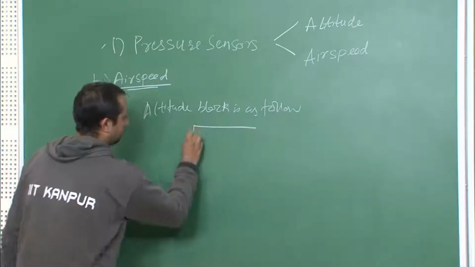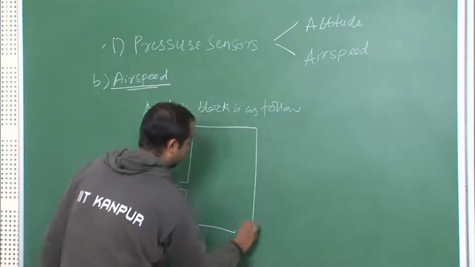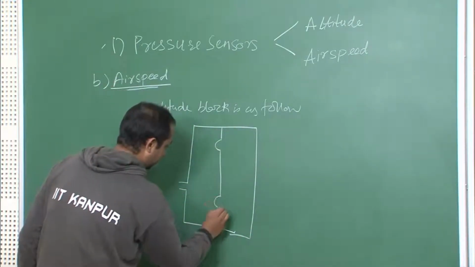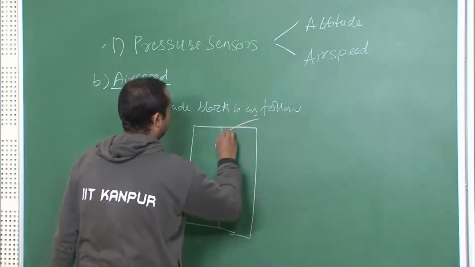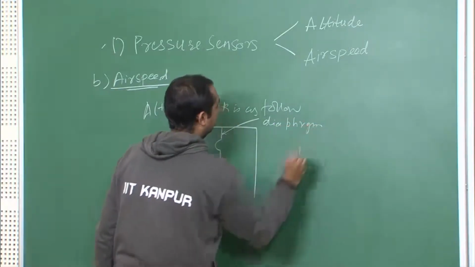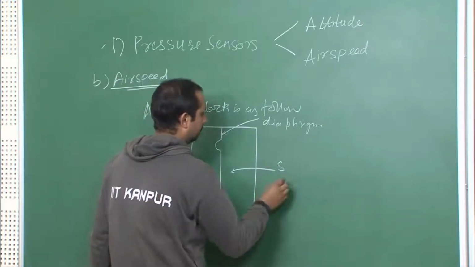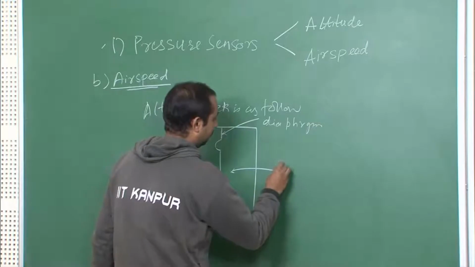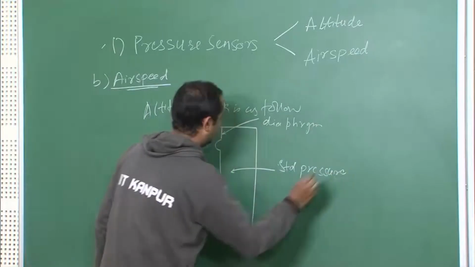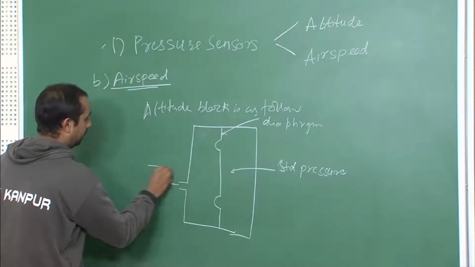You have a chamber which is divided into two volumes by a small diaphragm. Here you have a standard pressure, some known pressure, and this vent is open for ambient air.